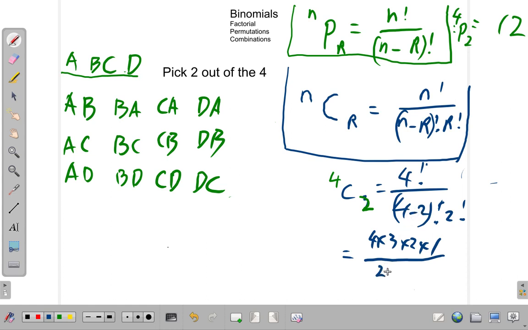So 2 factorial is 2 by 1, times this 2 factorial is 2 by 1. So 2 by 1 cancels 2 by 1. 2 into 2 is 4, 2 into 4, 2, 2, 3, 6. So this is saying there will be 6 combinations. Let's see. 6 combinations.